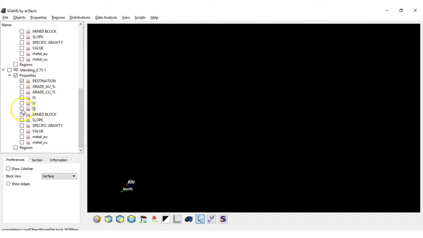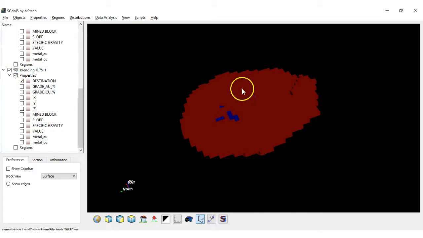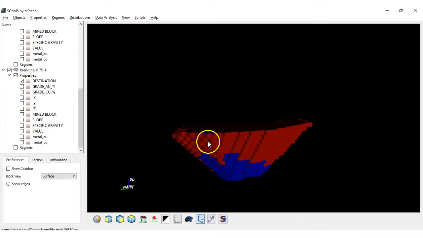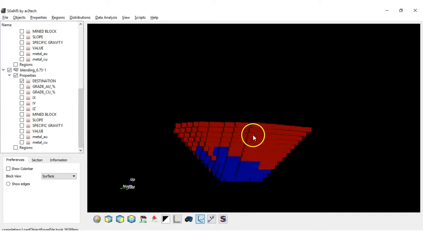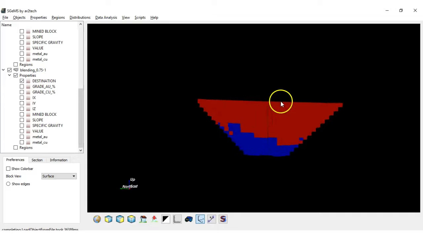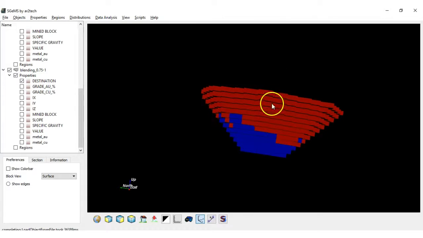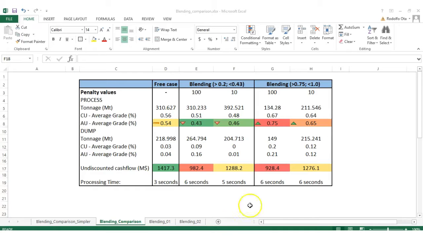So moving on to the last situation, you will see a totally different scenario as well. As you can see, the pit is much smaller than in the previous case due to the restriction to mine poor ores. The cubbage also tells that it is significantly smaller than the free case.